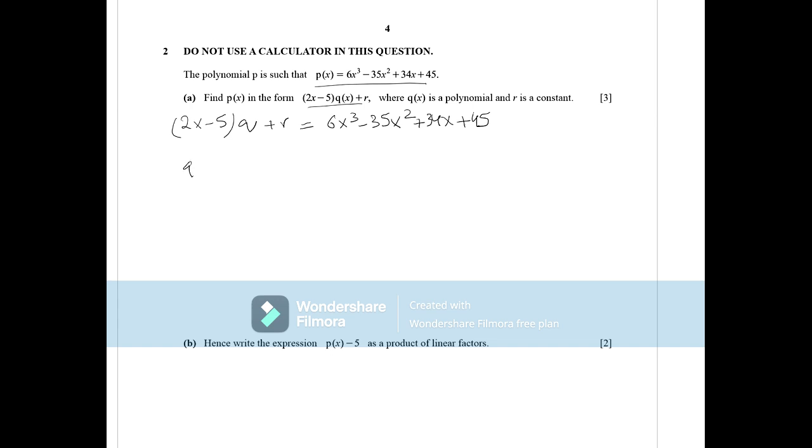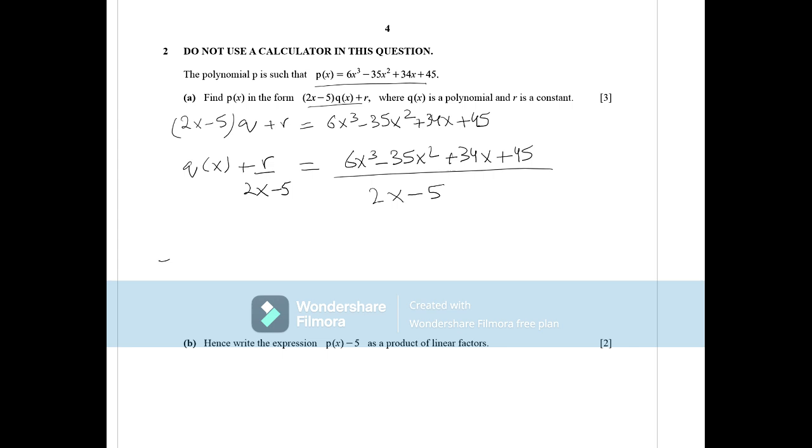I'm going to divide both sides by 2x minus 5, which leaves me with 6x cubed minus 35x squared plus 34x plus 45 over 2x minus 5. What you can do over here is just divide. Simple basic division.